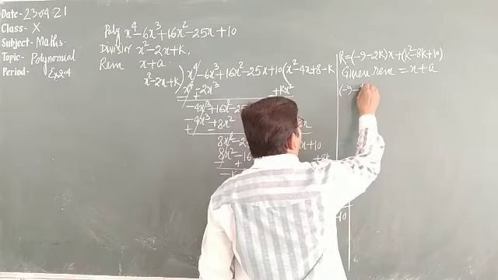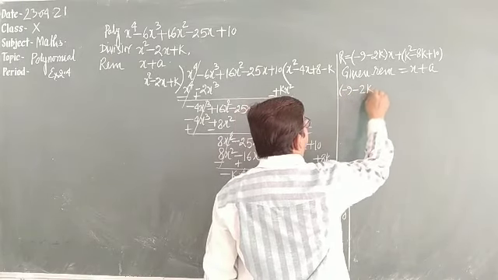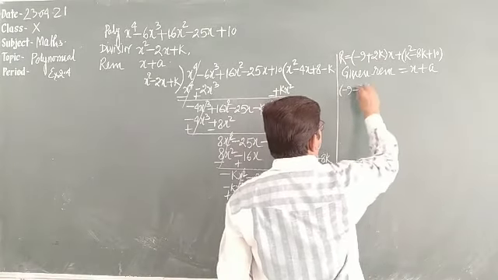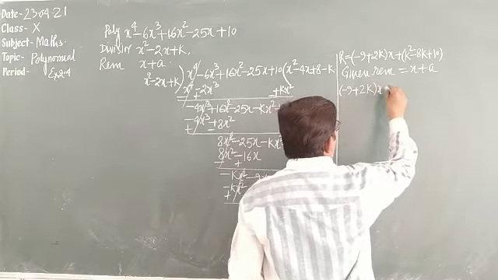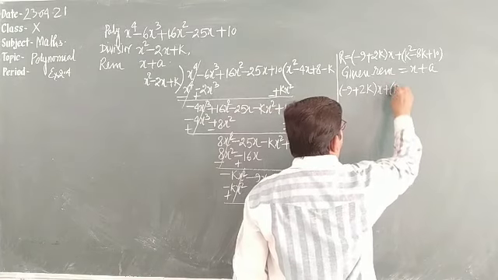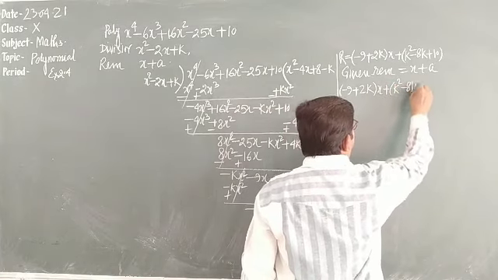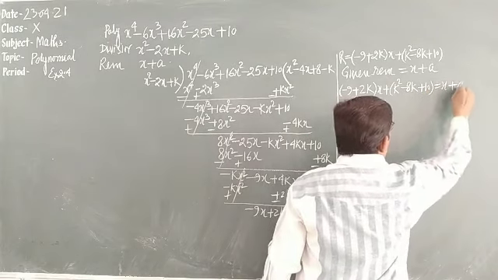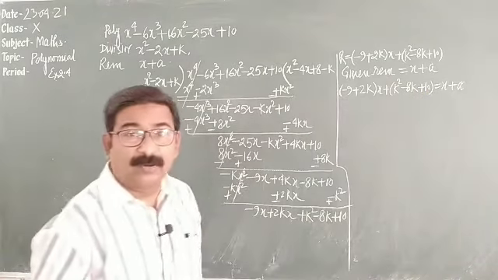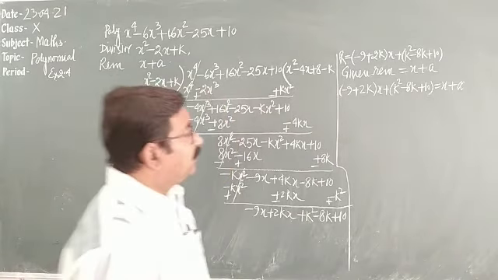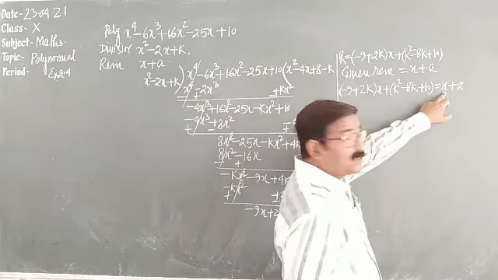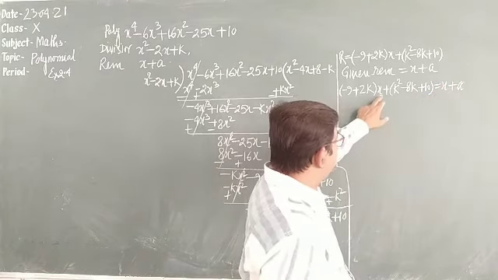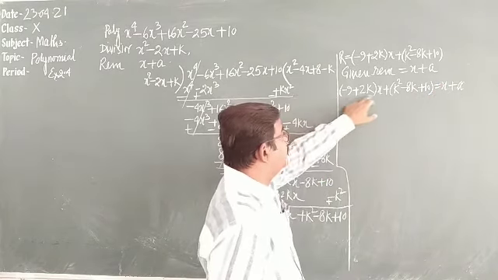Minus 9 plus 2k times x plus k square minus 8k plus 10 is equal to x plus a. Try to understand. On the right side, we have x, its coefficient is 1, and this side we have x, its coefficient is this much.